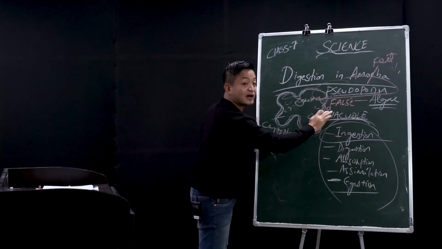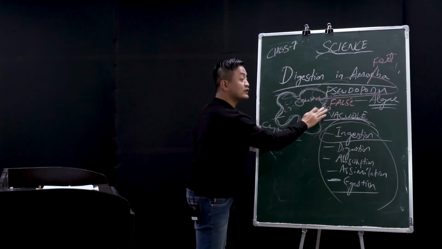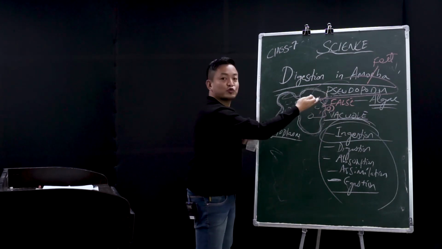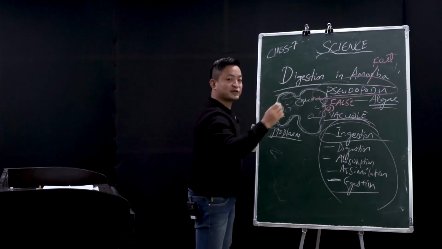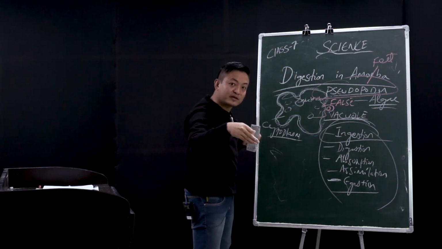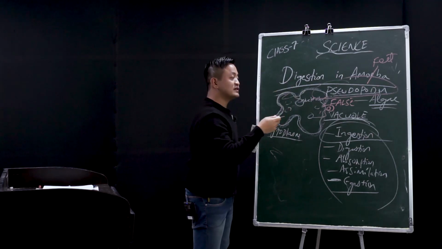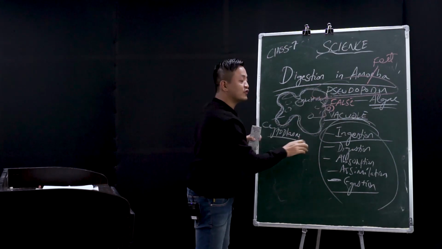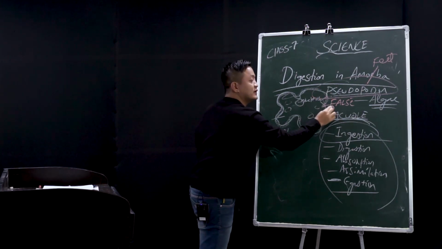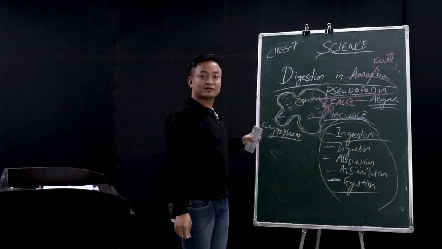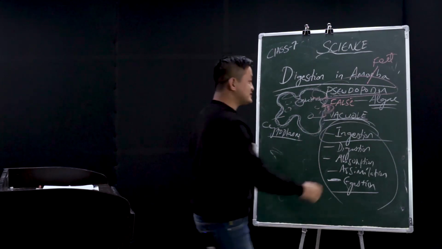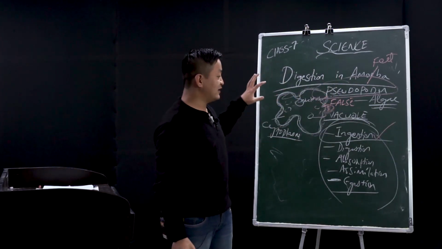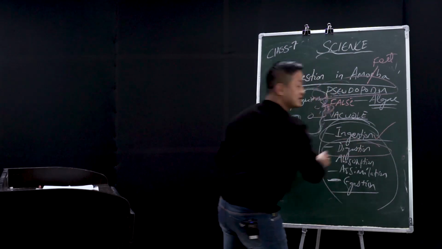If this is an algae, they will just grab it like this through the pseudopodia, because the main function of pseudopodia is locomotion, movement, and it is also used for feeding. So with the help of the pseudopodia, they grab the algae. That means ingestion has taken place through the pseudopodia, right? Now, how would the digestion take place?